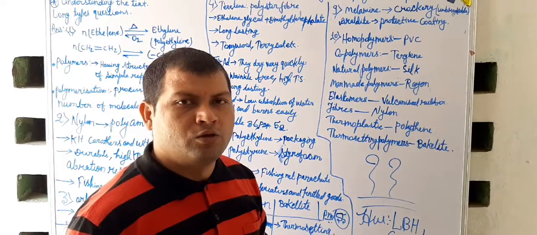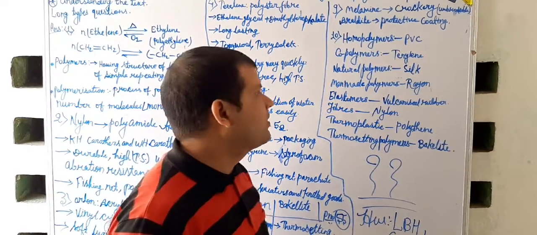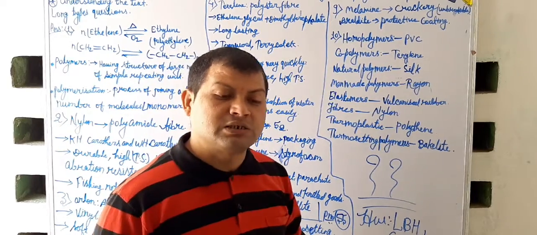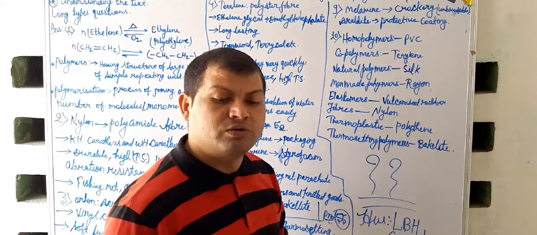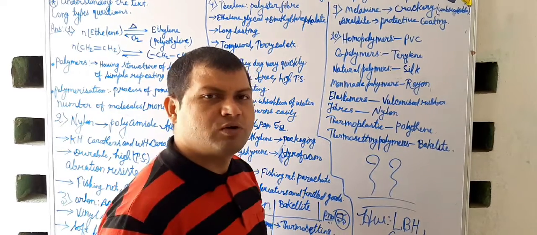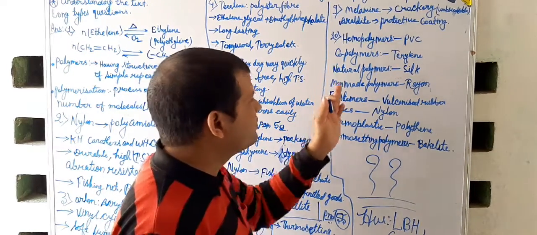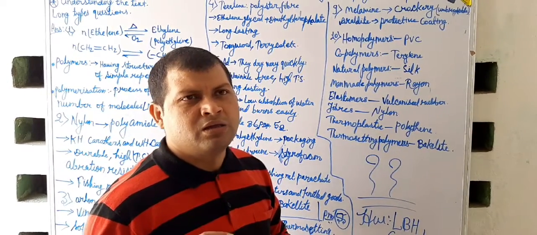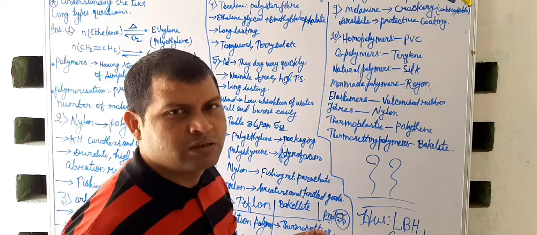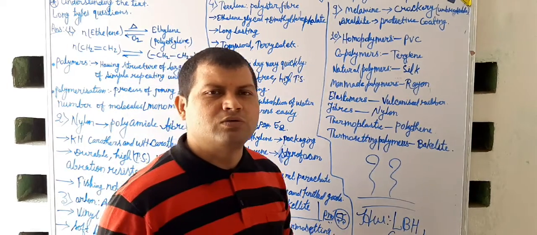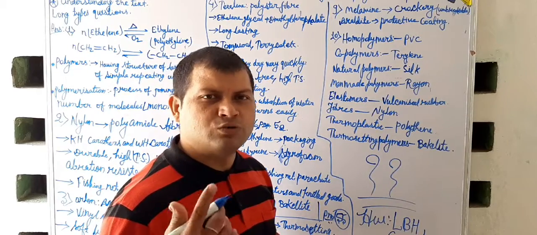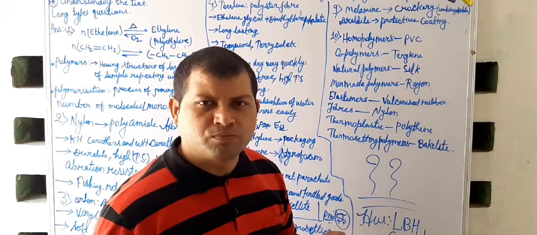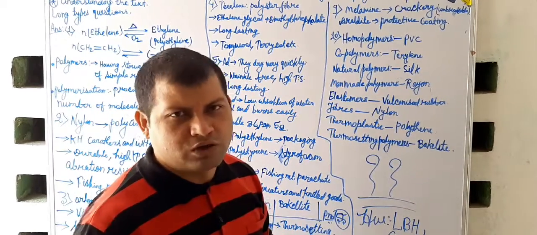Now look at question number 10, the last question. Here it is asked to discuss various types of fibers along with their examples. There are three types of classification: on the basis of monomers, on the basis of occurrence, and on the basis of molecular force acting between the molecules.